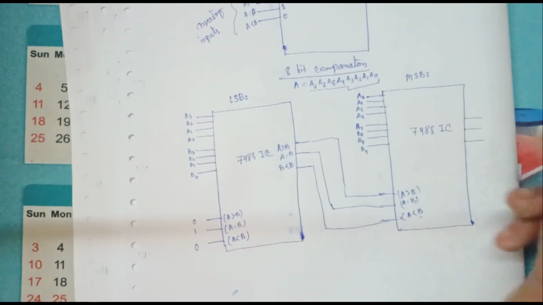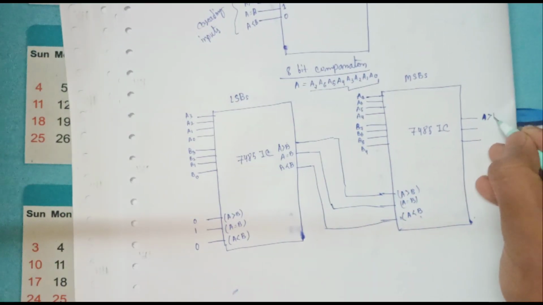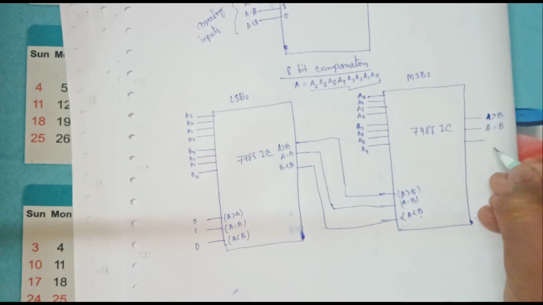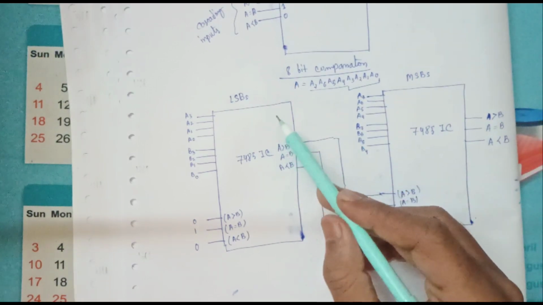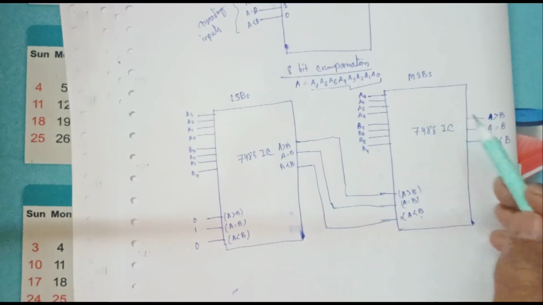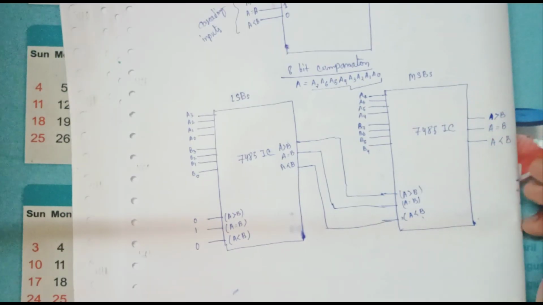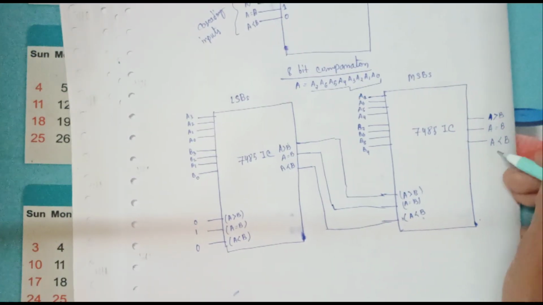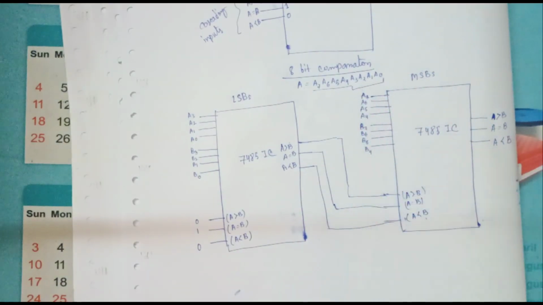This is how the circuit is made. This chip will compare the LSBs and this one will compare the MSBs, and the final answer will be obtained from here. Okay, this is our 8-bit comparator.